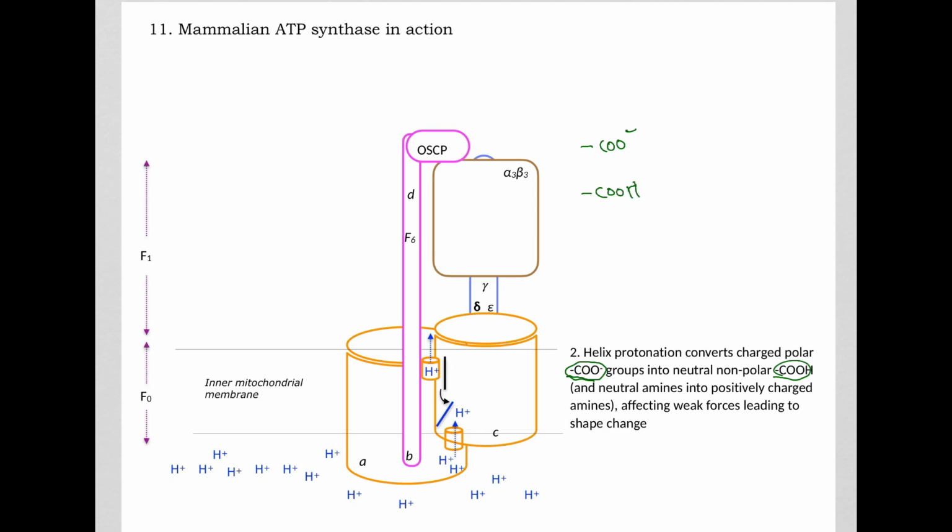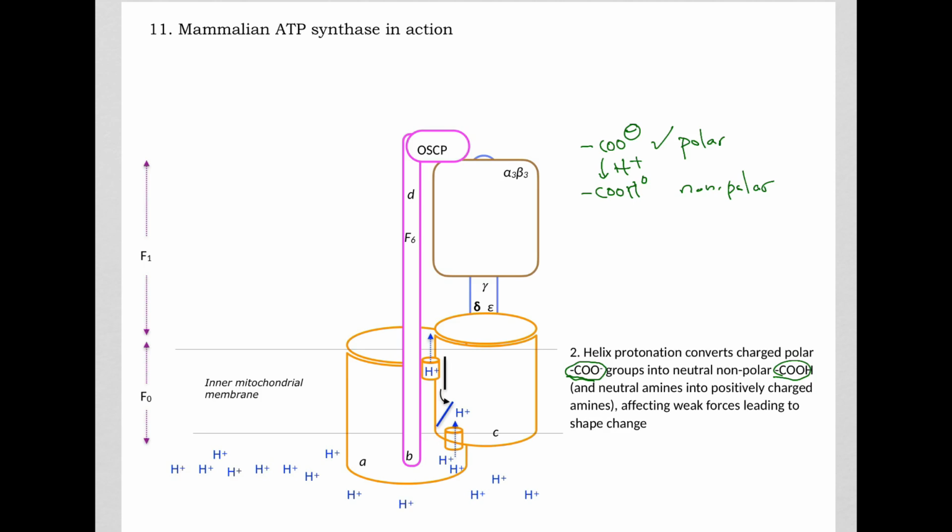You can see COO minus has a negative charge, COOH has a zero charge. COO minus is more polar, COOH is more non-polar because it doesn't have a charge. Okay, so there are big differences caused by protonation of these groups.